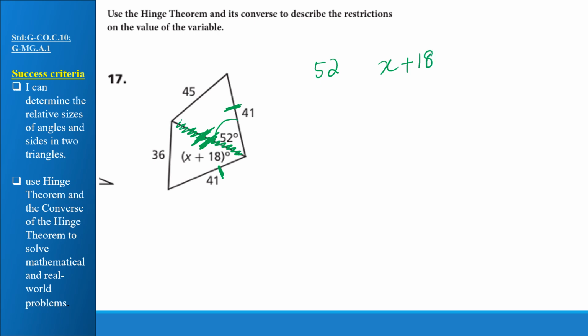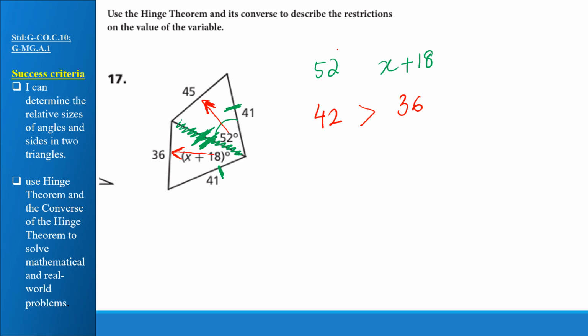Now, in order to see which one is bigger or which one is smaller, you have to compare their opposite sides. Opposite to 52, the measurement of the side is 42. And opposite to x plus 18, the opposite side is 36. So which one is bigger, 36 or 42? 42 is bigger.